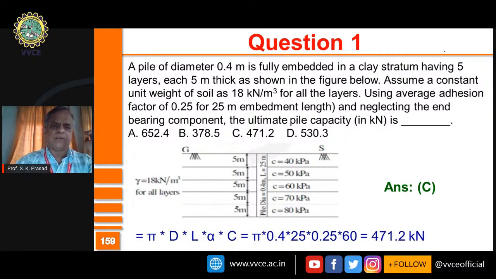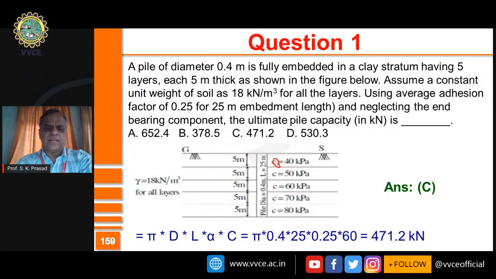A pile of diameter 0.4 meter is fully embedded in clay, having five layers. So you have clay of five layers, each of 5 meters. And each of these clay layers has its shear parameters: cohesion C equal to 40, 50, 60, 70, 80 kilonewton per meter square.